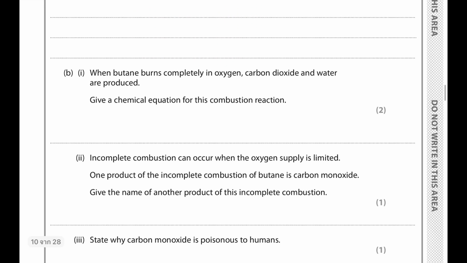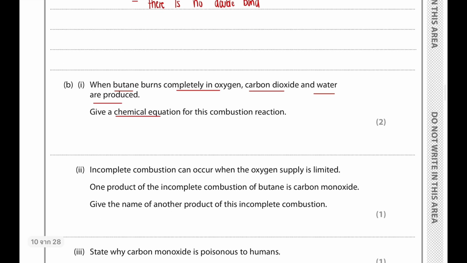Question BI. When butane burns completely in oxygen, carbon dioxide and water are produced. So give a chemical equation for this combustion reaction. So we have C4H10 plus O2. Then we will have carbon dioxide plus water, but we have to balance the equation.